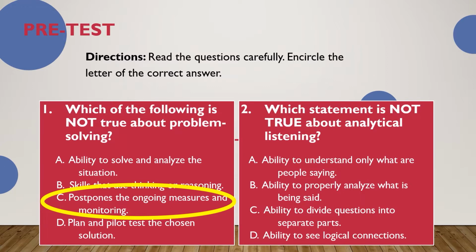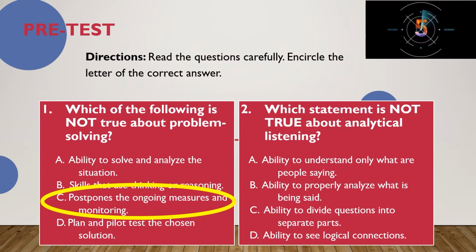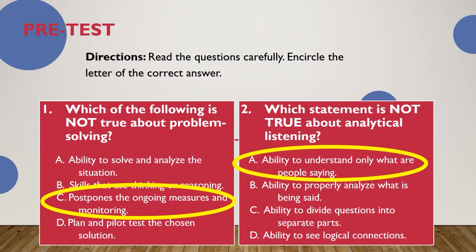C, ability to divide questions into separate parts? Or D, ability to see logical connections? Okay, the answer is letter A, ability to understand only what are people saying.